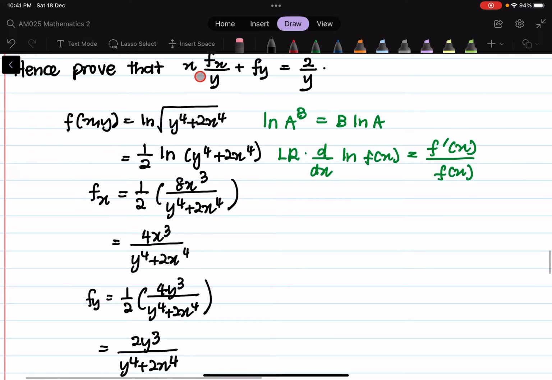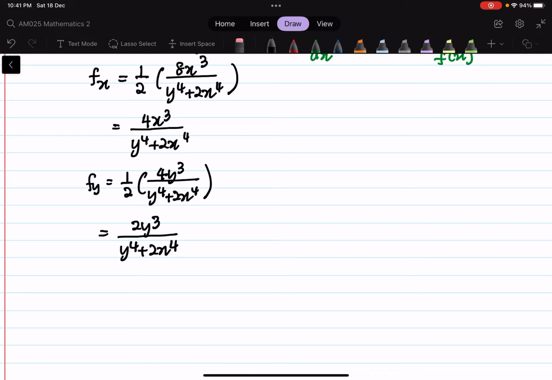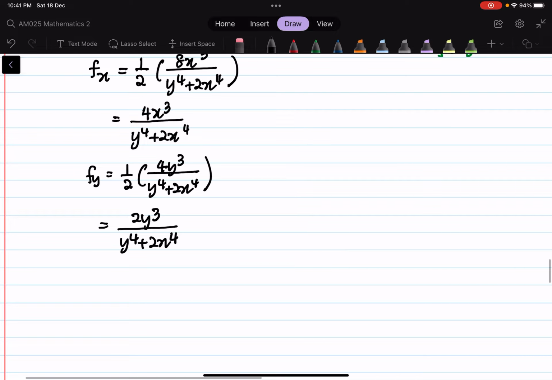Now let's prove that x times f sub x over y plus f sub y equals 2 over y. So x times f sub x over y plus f sub y. Let us substitute.